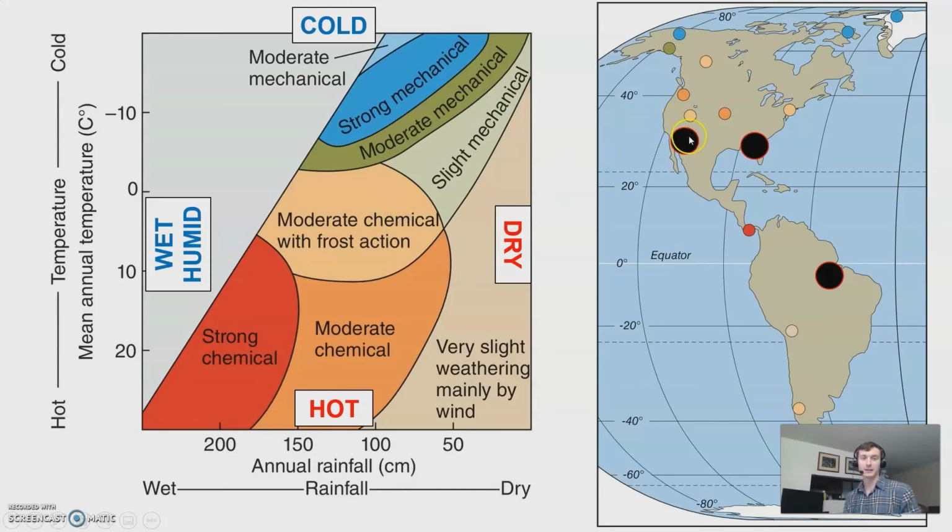Moving on, we have Phoenix. I would expect everybody to at least have a pretty good idea on this one. Phoenix is pretty hot and pretty dry. Let's see where Phoenix is. As we expect, very, very slight weathering, mainly by wind. Phoenix, you imagine, you see something like the White Tank Mountains or the Estrella Mountains.